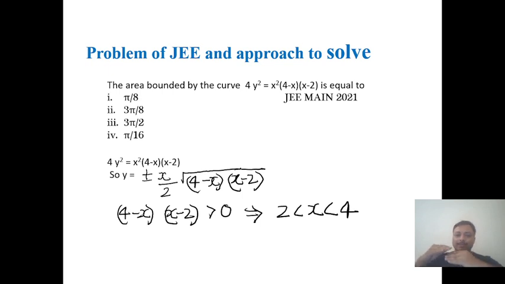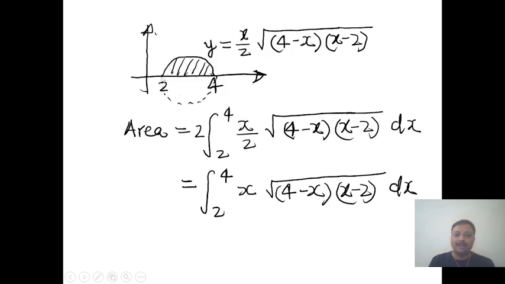That means y is equal to plus x by 2 times the square root of (4 minus x)(x minus 2) is above the x-axis, and minus x by 2 times the square root of (4 minus x)(x minus 2) is below the x-axis. So if you want to plot, one more point you should note is that at x is equal to 4 and x is equal to 2, the value of y is 0. So we can plot this graph. At x is equal to 2 it is 0, and at x is equal to 4 it is 0.